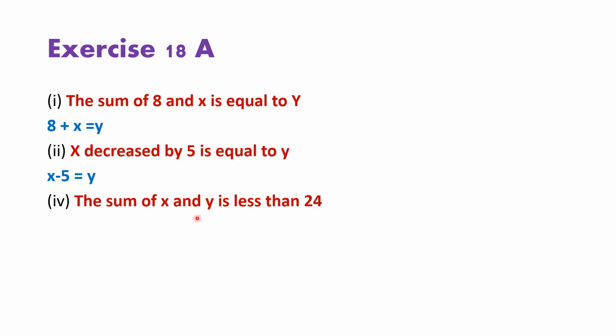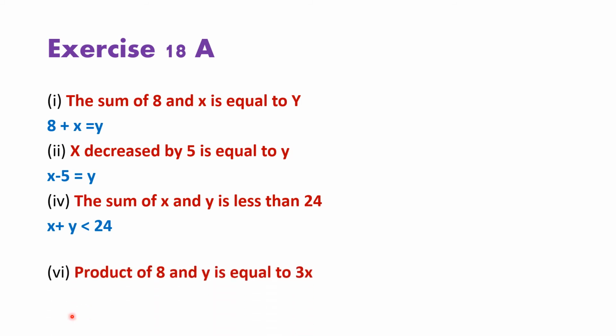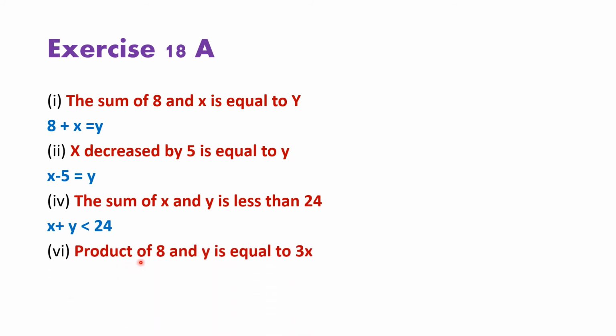So x plus y is less than 24. Next one, product of 8 and y is equal to 3x. What is the meaning of product? Product means multiplication. So 8 multiplied by y is equal to 3x. 8 into y is equal to 3x.